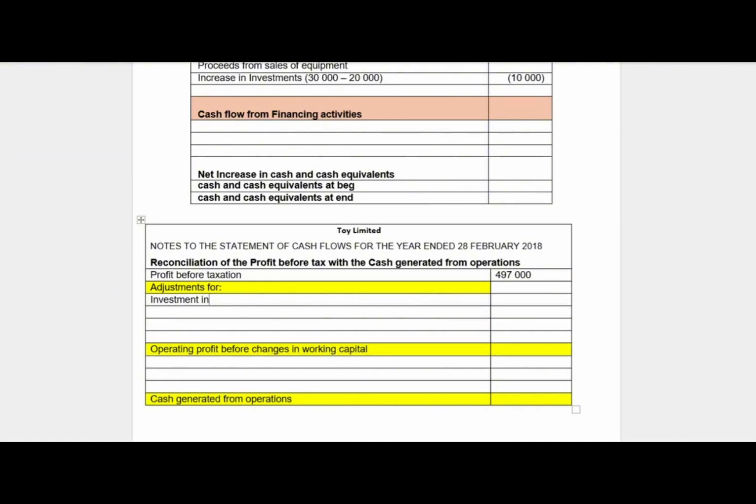We have got investment income. We also have profit on sales of equipment. And then we also have depreciation.